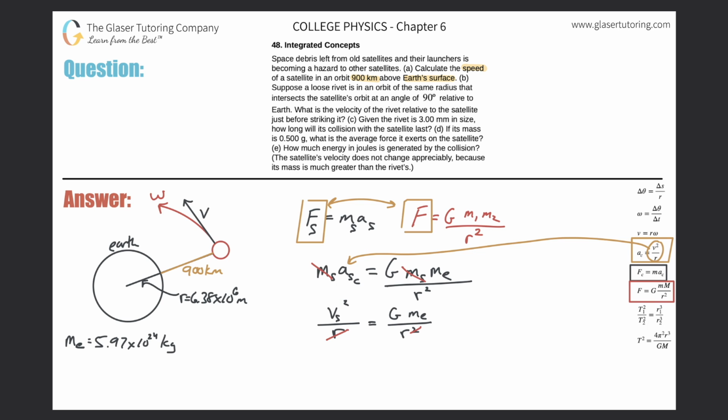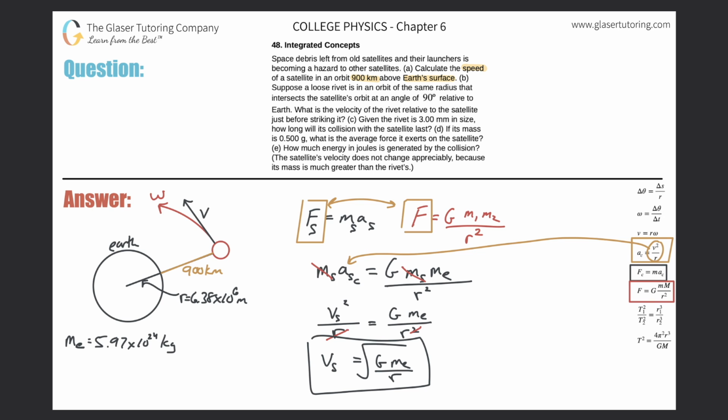So now this equation simplifies to: the velocity of the satellite squared equals the gravitational constant multiplied by the mass of the Earth, all divided by the radius between them. Then I just have to take the square root of both sides.